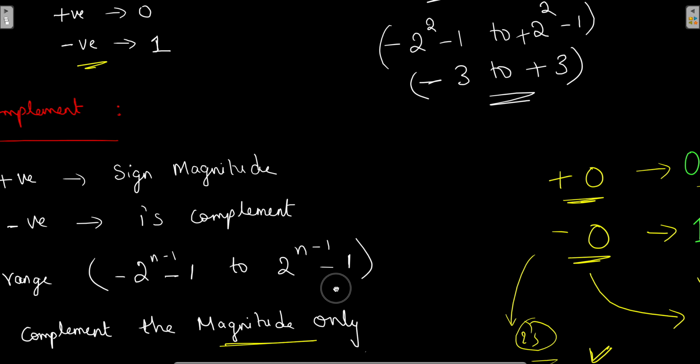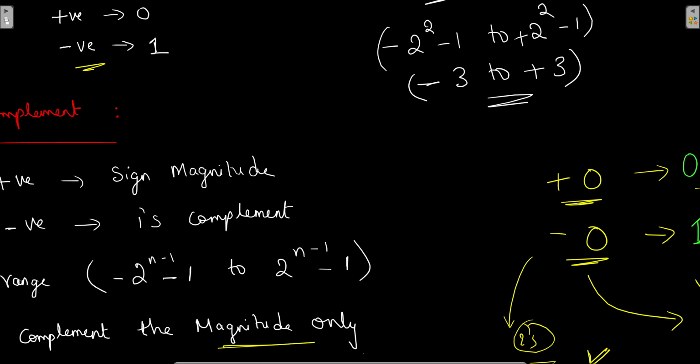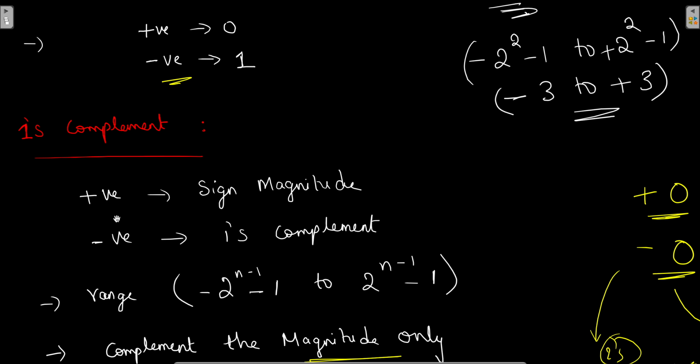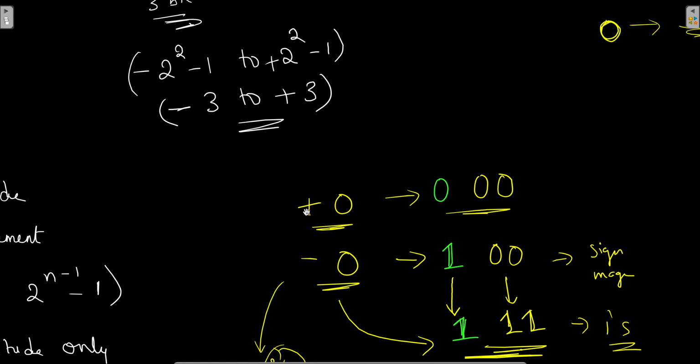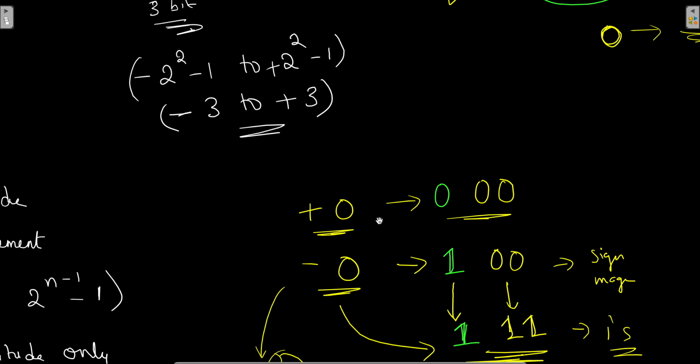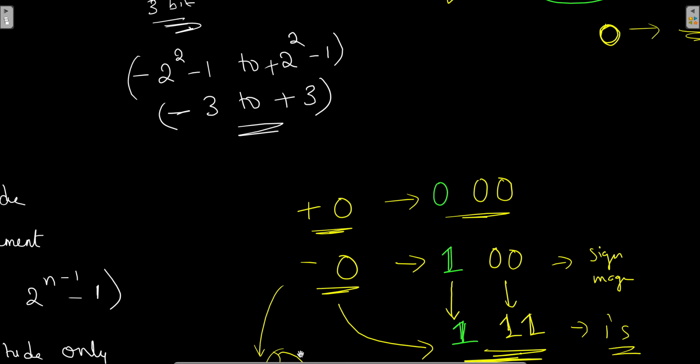The next point is that in ones complement, for positive numbers I am taking the sign magnitude value. When I take a positive value, whatever the sign magnitude value is, we get the same value here. Here we are checking 0 0 0, and we get the same value.